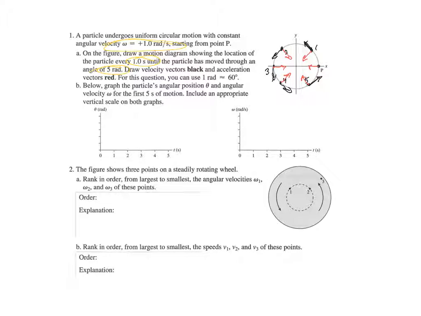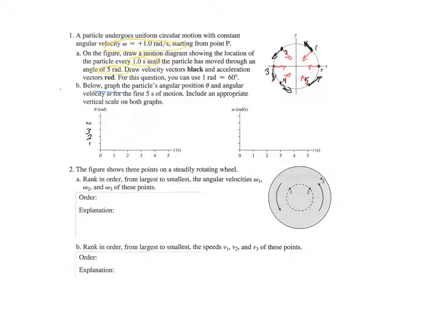All right, here's a graph. We can graph this now. What would its position be? All right, so if the angular velocity was 1 radian every 1 second, I know that every second it's going to increase by 1.